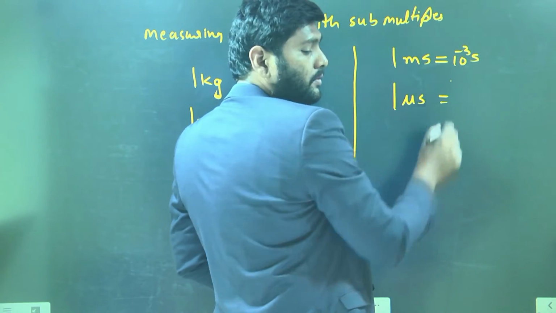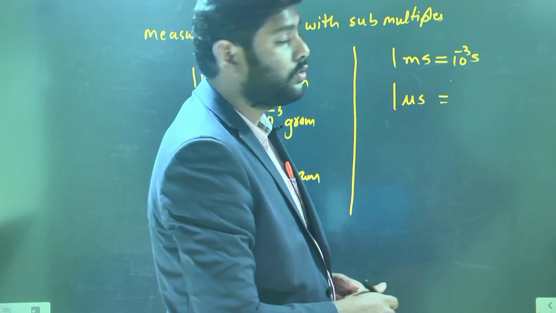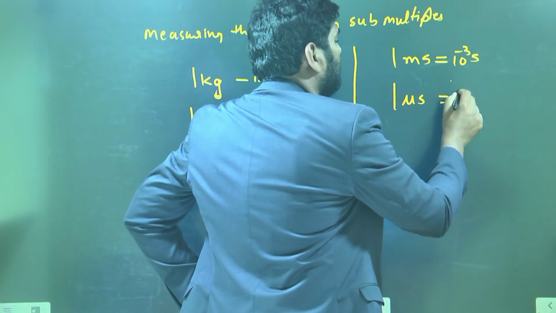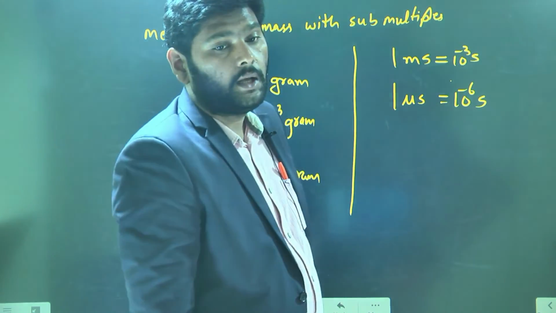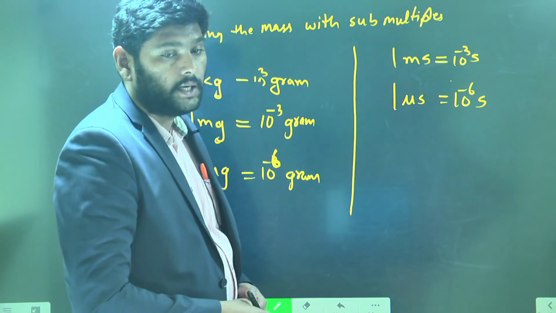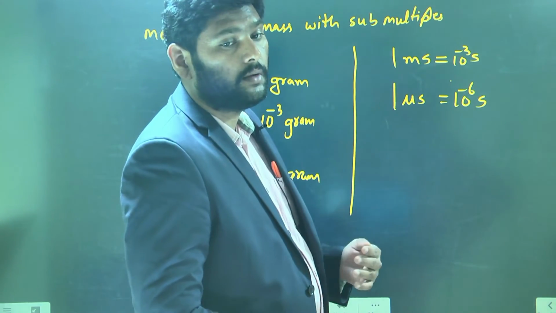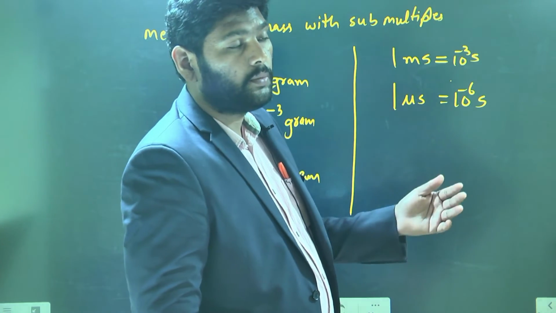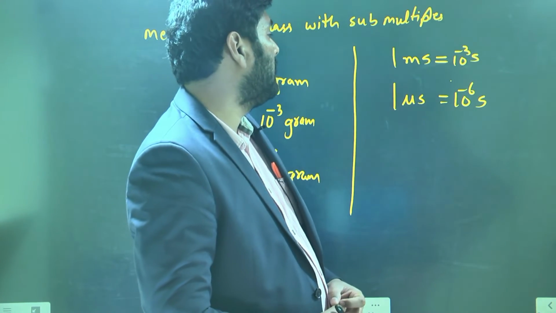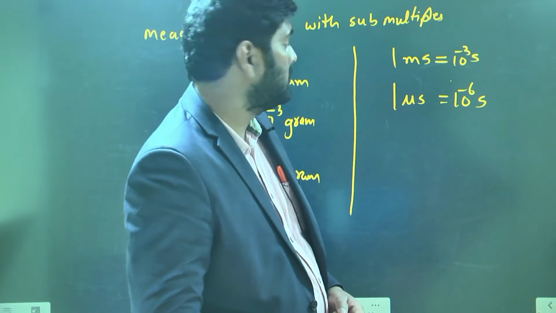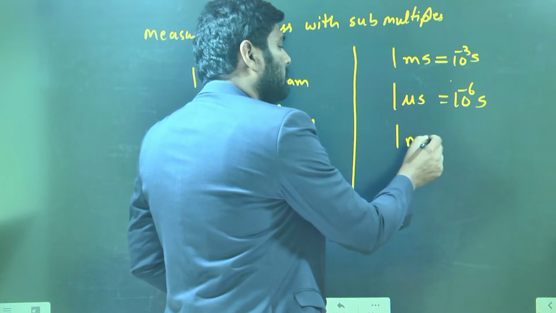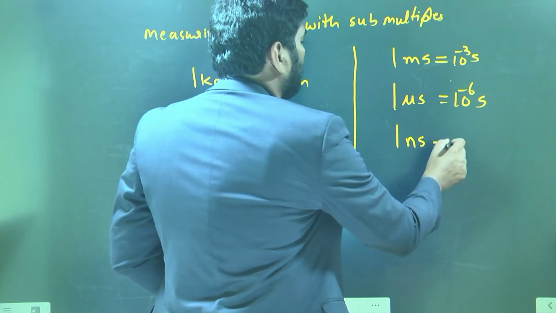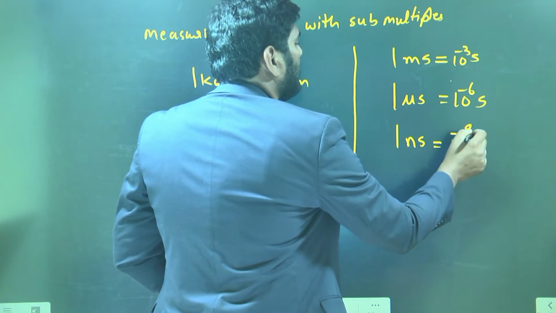Similar way, microsecond. What is meant by microsecond? Micro means 10 power minus 6 seconds, which means 10 power minus 6 part of a second represents 1 microsecond. Even we can represent nanosecond. Nanosecond means 10 power minus 9 seconds.